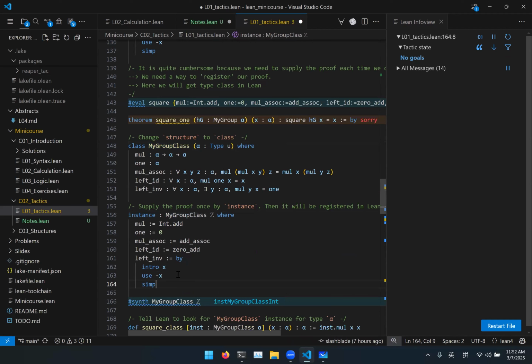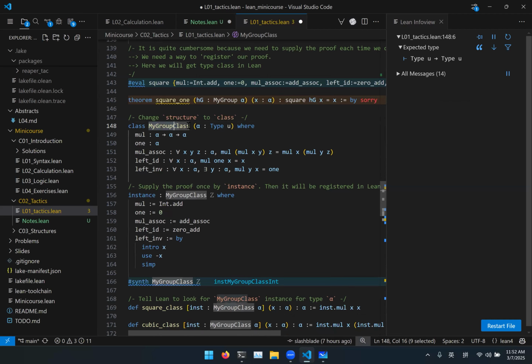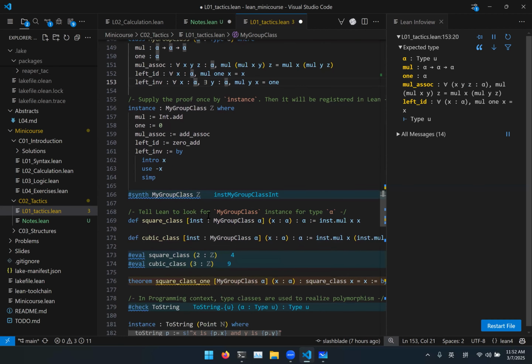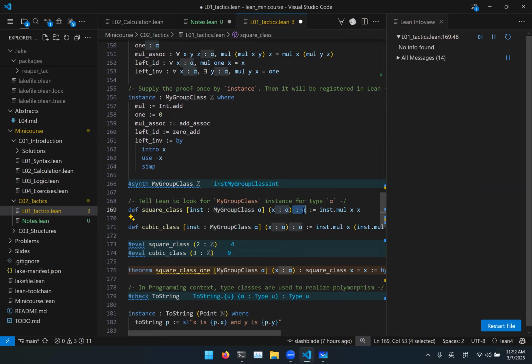After you make this definition, it's like you register this class into Lean itself, and Lean will have a table of what is a group. It's a very global table, so you can access it anywhere in Lean. When you need to fill in something that is a group class, Lean will deduce it for you in the backend.